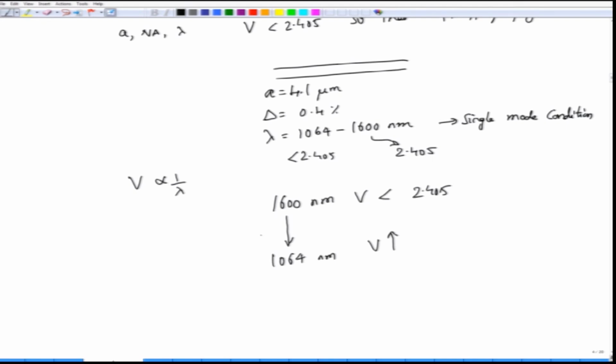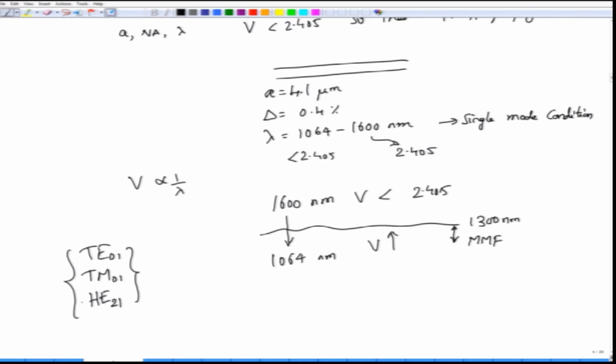So at some wavelength here, which might say 1300 nanometer, it might so happen that the V number has actually increased, so that beyond this wavelength the fiber has become multi-moded. Okay, it can support higher order modes. What are the higher order modes? These are TE01, TM01, HE21 and so on.